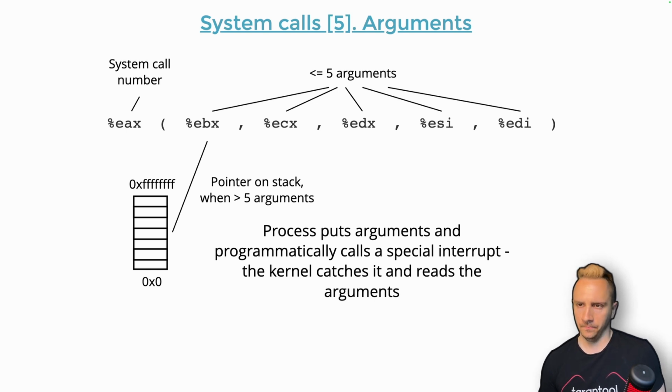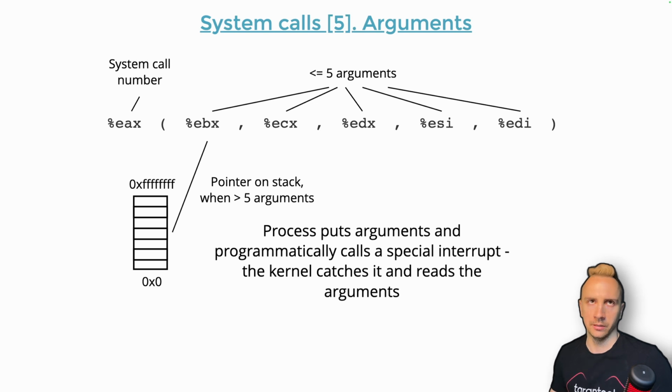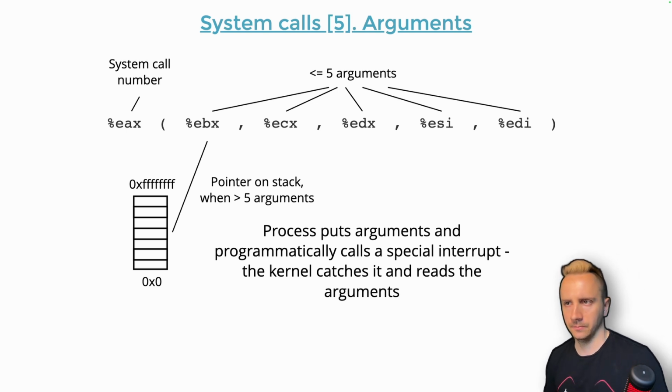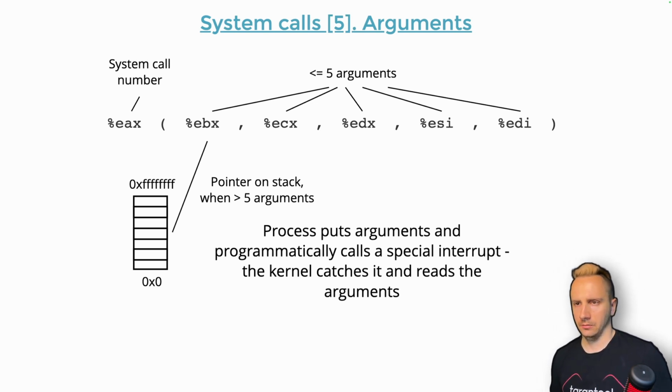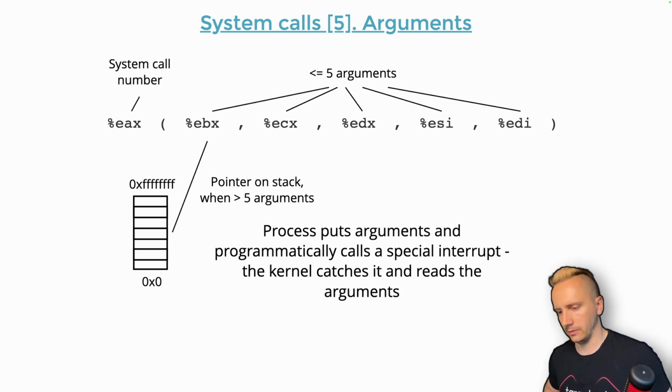Also how you pass the arguments can be different. It will depend on the system. But the hardware, the most low level where no code written by operating system authors or maintainers is being executed, this level will work the same in all the operating systems.